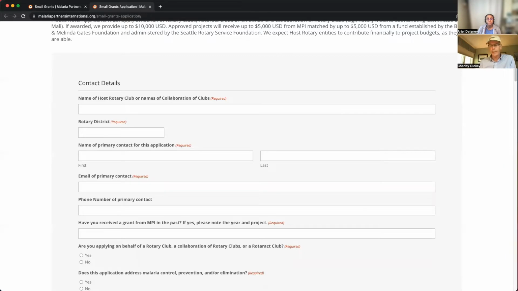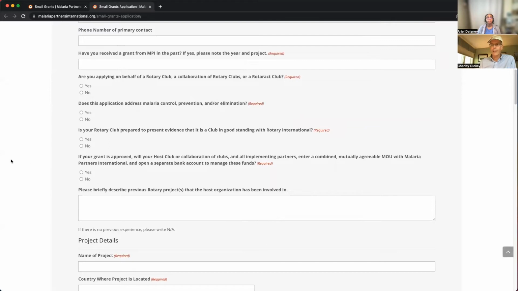Further down in details are some declarations we expect grantees to make, promising that they are a club in good standing. For example, they will agree to, at the end of the day, fill out a memorandum of understanding that includes having a separate bank account for the project itself.